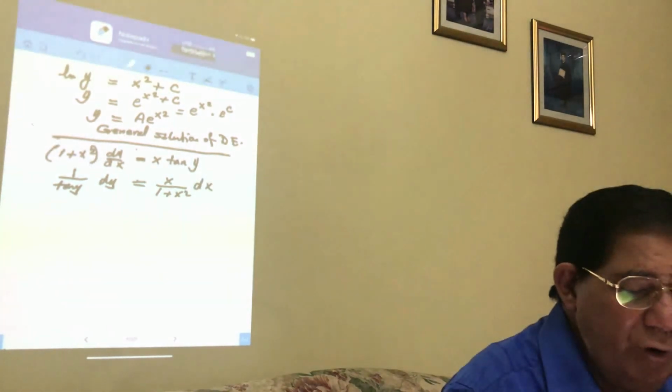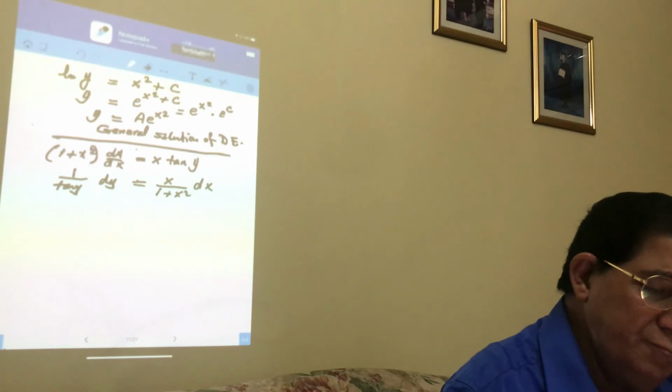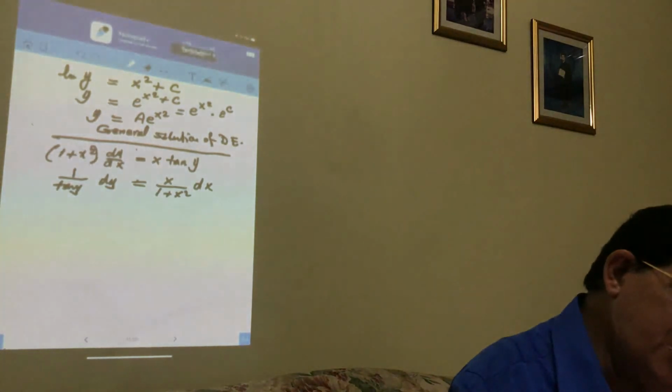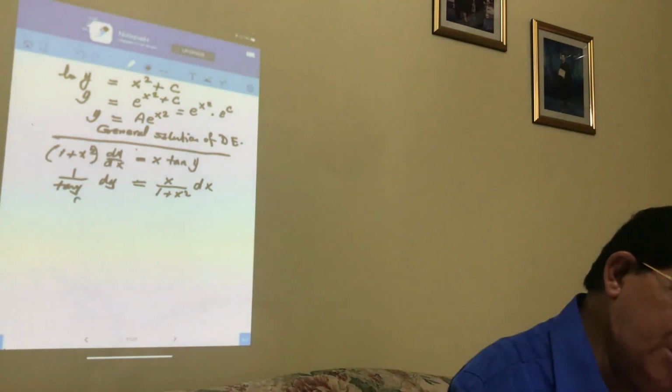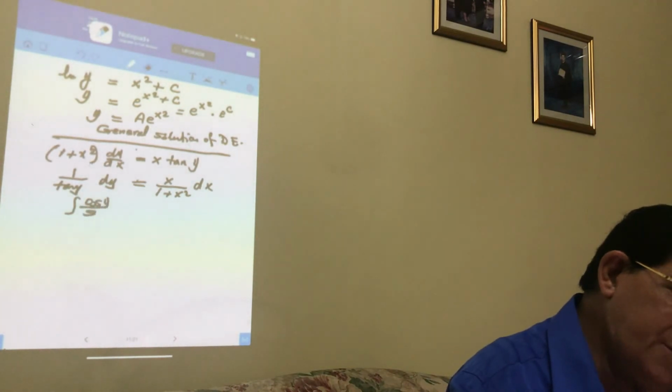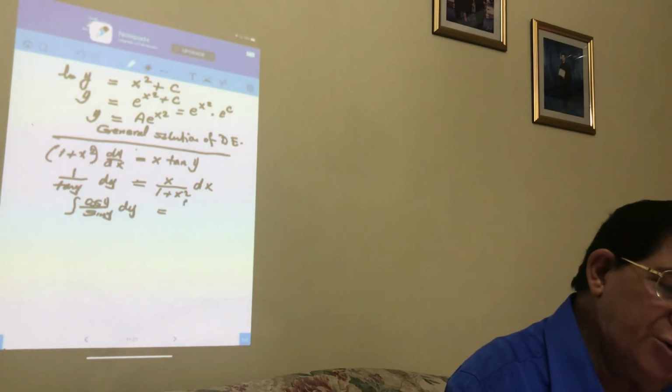Therefore, the variables are separated. 1 over tan y means cot y, and cot y means cosine y over sine y dy equals the integration of x over 1 plus x squared dx.